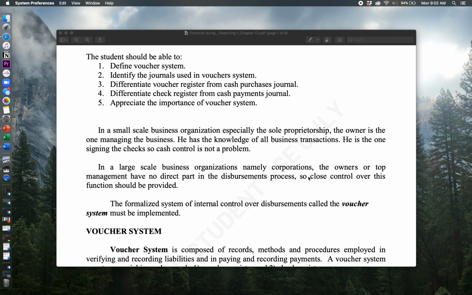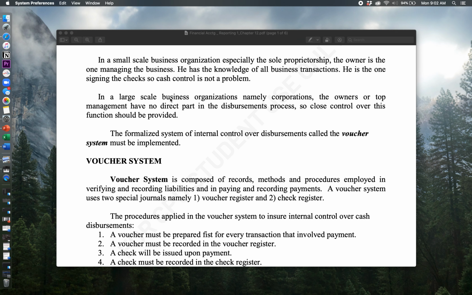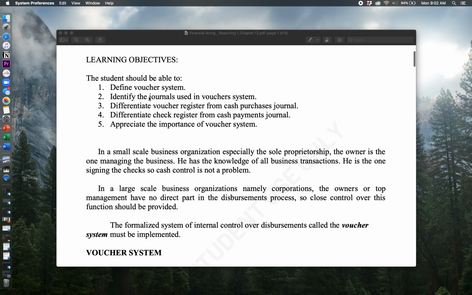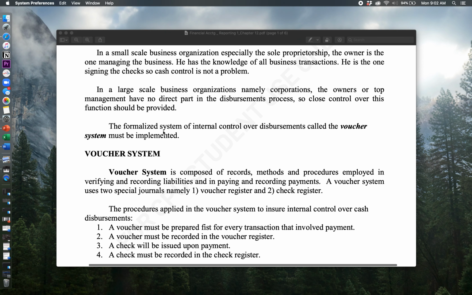So unlike sa sole prop, siya lahat, no? Multitasking owner. So dito naman sa mga large-scale corporation or business organization, may individual or kanya-kanya yan na humahawak ng voucher system. So sabi dito, the formalized system of internal control over disbursements called voucher system.